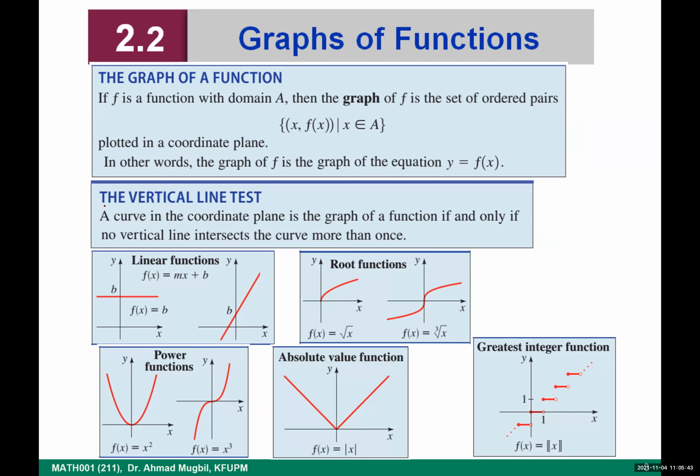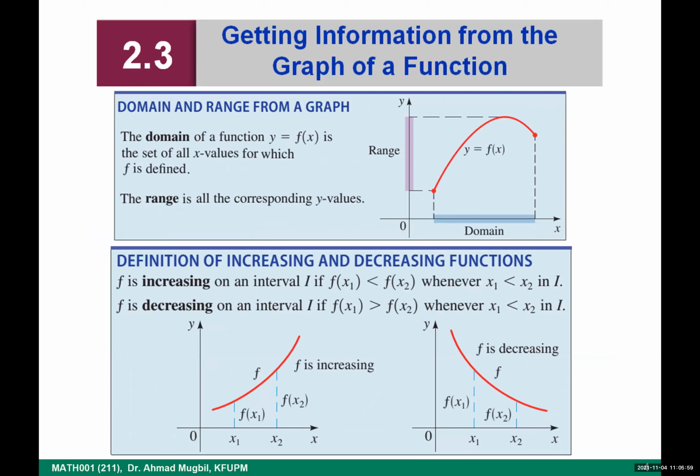The vertical line test is about graphs of functions. If you have a graph, how to know that it is for a function or not. If no vertical line intersects the curve more than once, then it is a graph of a function. How to get the information from the graph? You can know from the graph what is the domain, what is the range, especially the range.